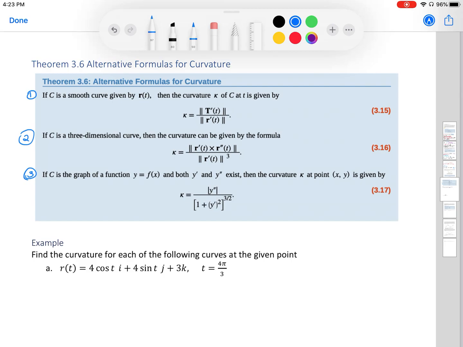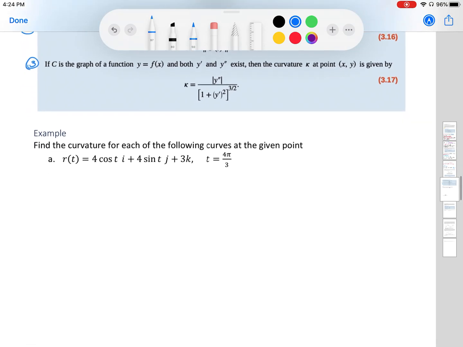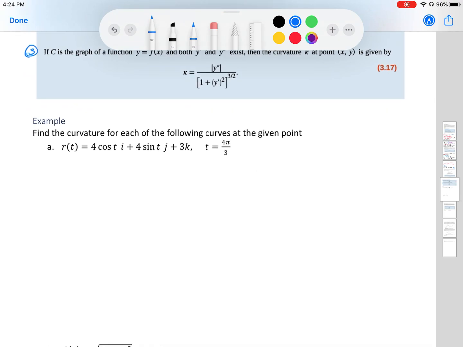Okay, let's go ahead and take a look at an example. Find the curvature for each of the following curves at a given point. Well, we have to use some of what we know, which is that tangent curve, and then we can apply that curvature formula that we learned.